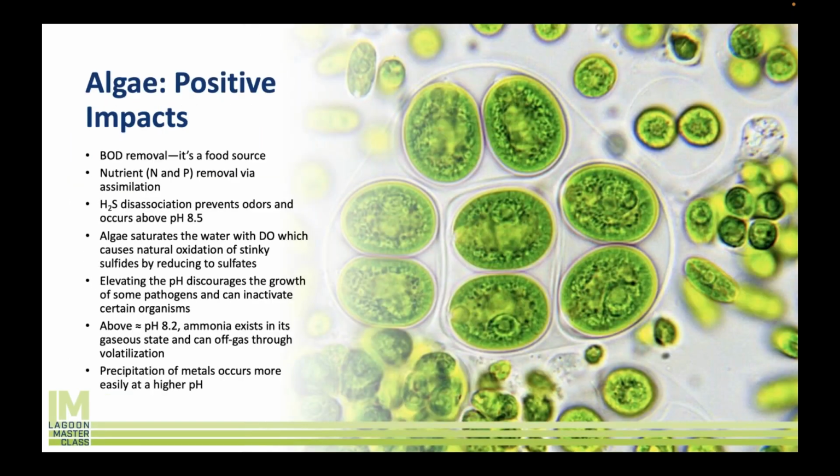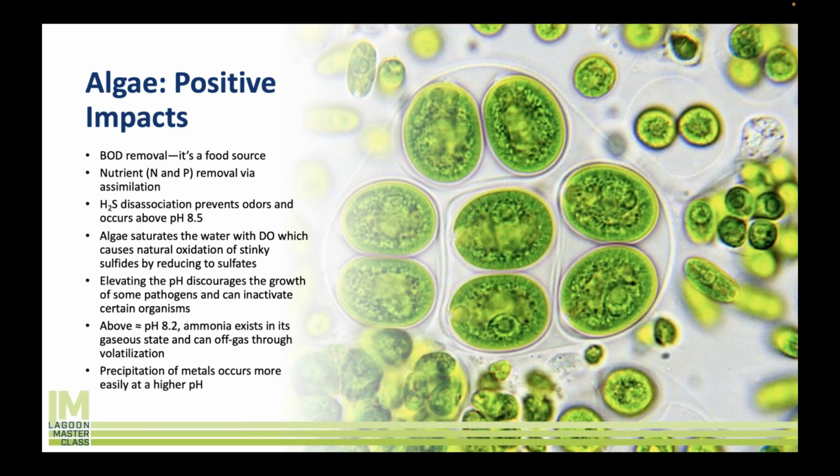Some of the other sort of positive impacts are, algae will assimilate some BOD and nitrogen and phosphorus into its cell wall, so it has kind of a nutrient reduction and slight BOD reduction capability to it. It prevents odors from emitting from your lagoon.